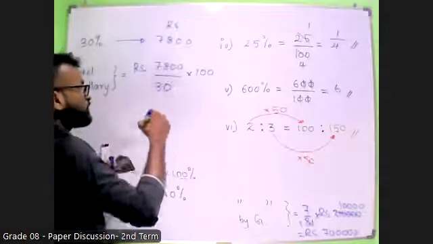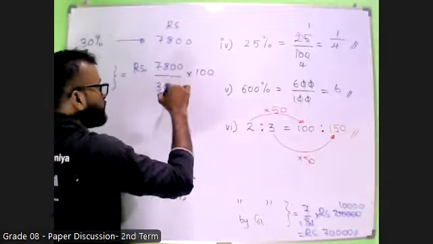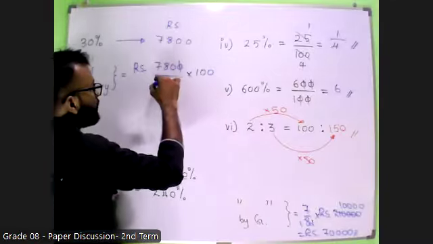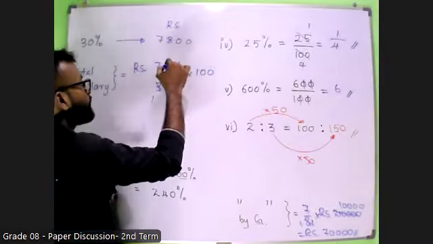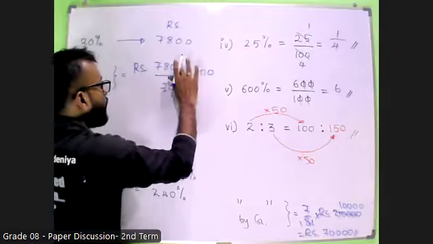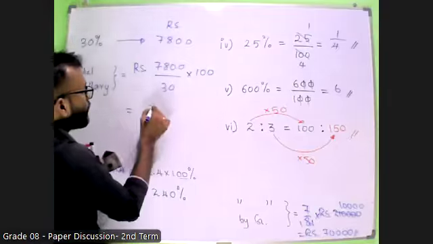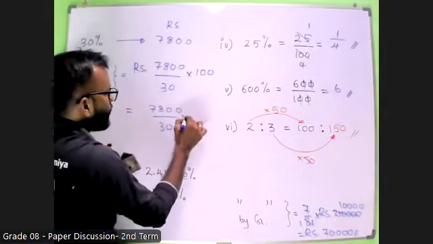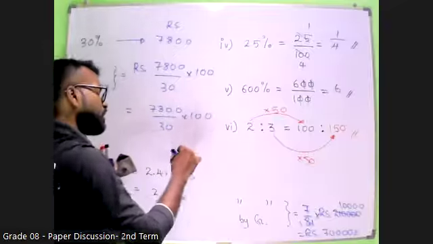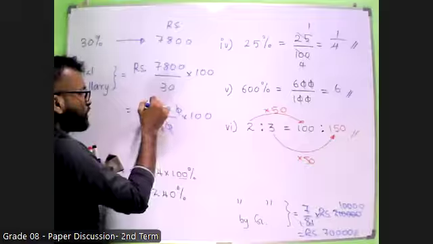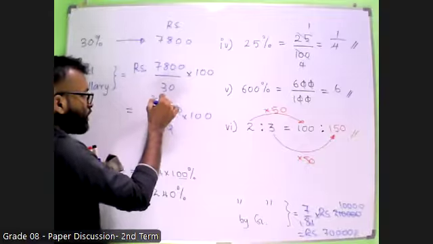So we have to simplify this. 0 to 0, so 3 times 1. So I will rewrite. Then you can understand. So then I will simplify. 0 to 0. 3 times 1. 3 times 2, 6. 3 times 6.